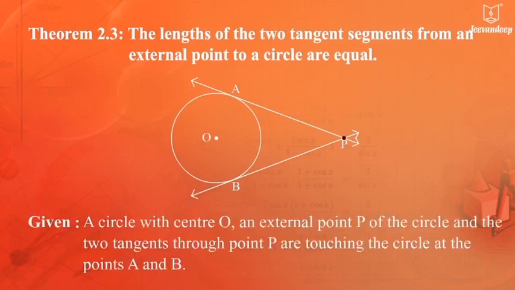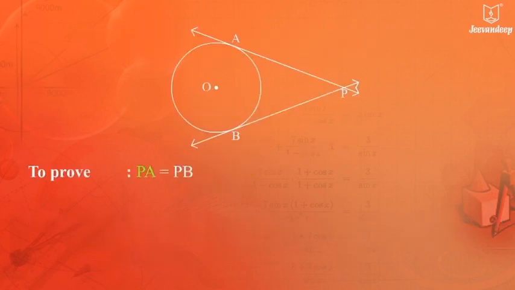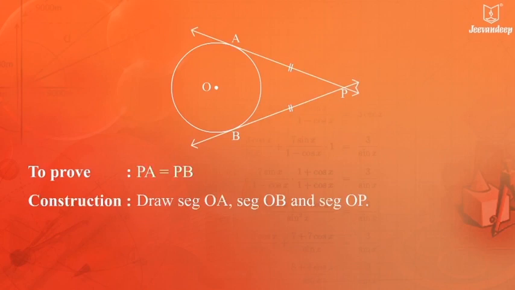Given a circle with center O, an external point P of the circle, and the two tangents through point P are touching the circle at the points A and B. To prove: PA is equal to PB. Construction: draw segment OA, segment OB and segment OP.